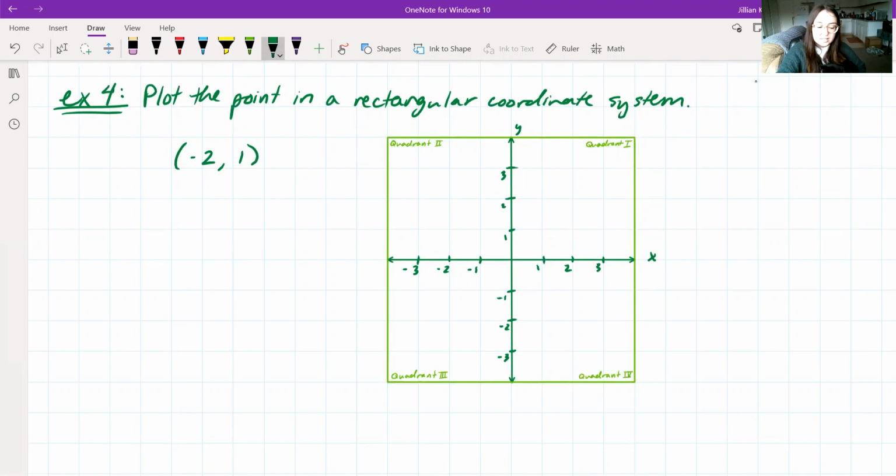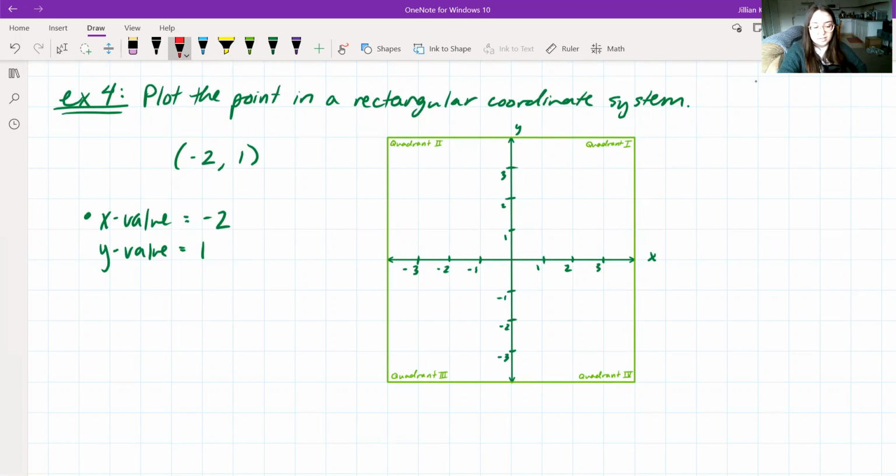So, since our point is -2, 1, this means that our x value is -2 and our y value is +1. So let's go ahead, find our x value first and then our y value. So our x value is -2.